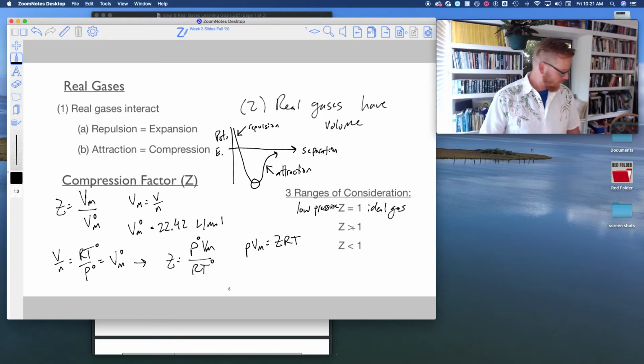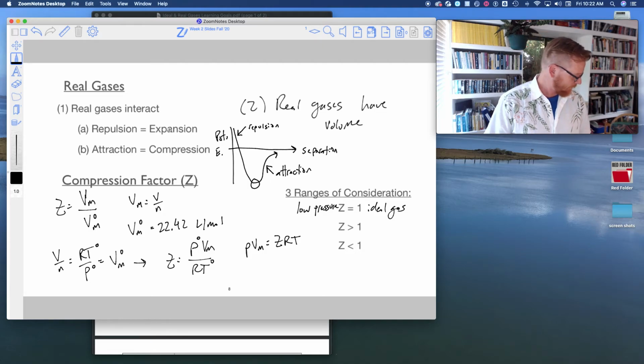Okay? When Z is greater than 1, let's think about this for a minute. So this means when Z is greater than 1, this observed molar volume is greater than the 22.42 liters per mole. And that would mean expansion has to be going on.